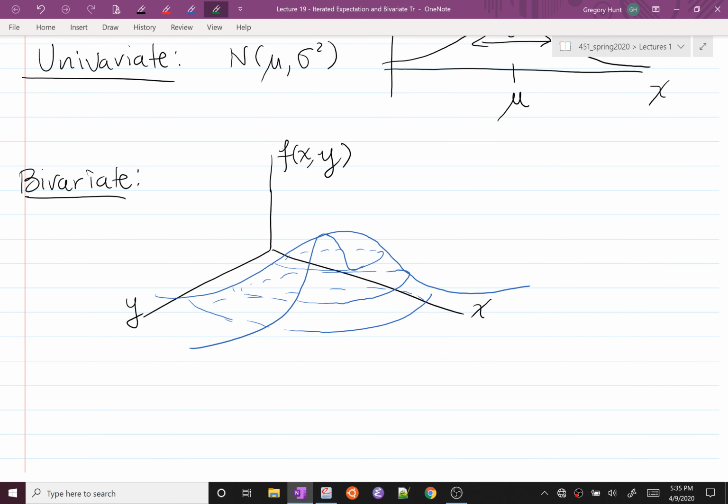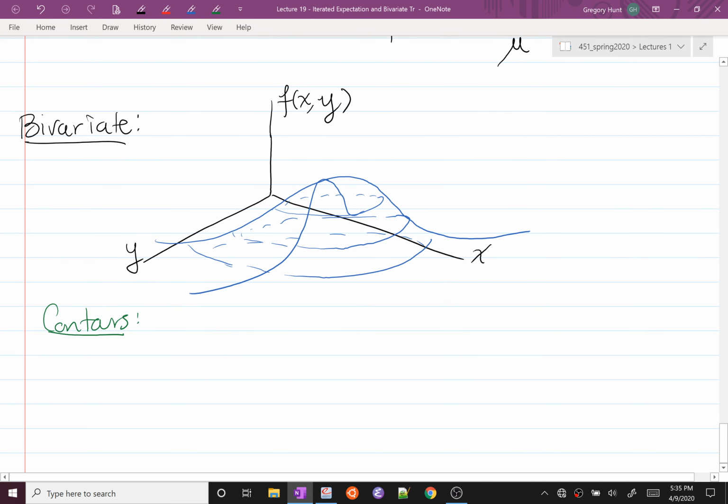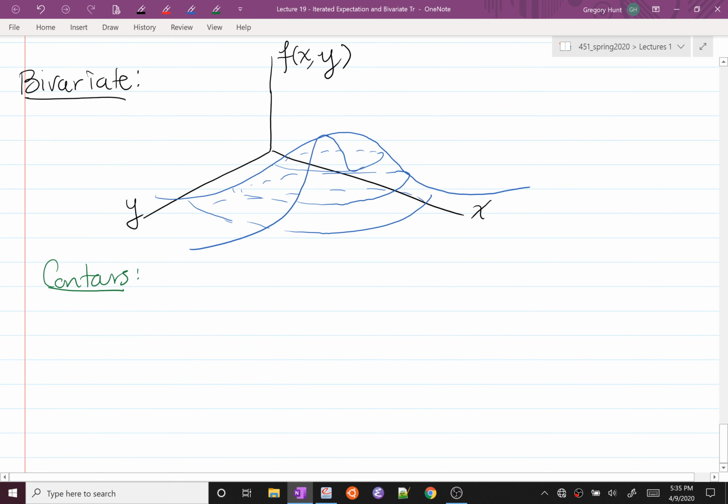One useful way to think about it is if we look at the contours of this thing. So we've got to look down on the xy axis. Its contours are going to be ellipses. So if we look down on this thing from the xy axis, the center of this thing is now going to be a point called mu x, mu y.